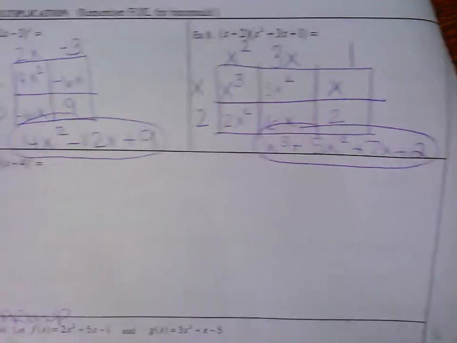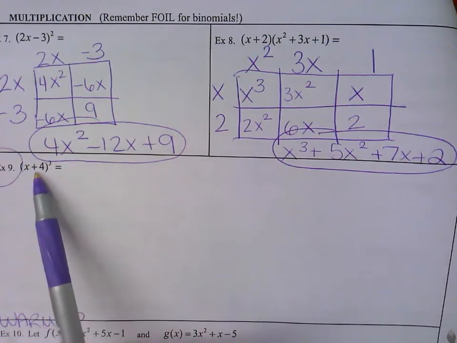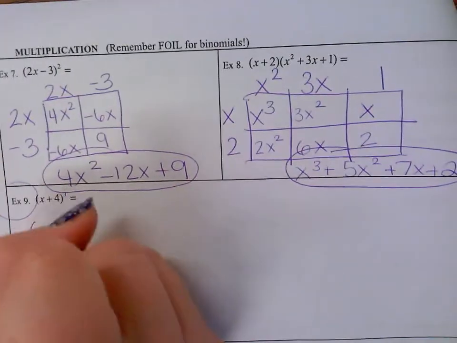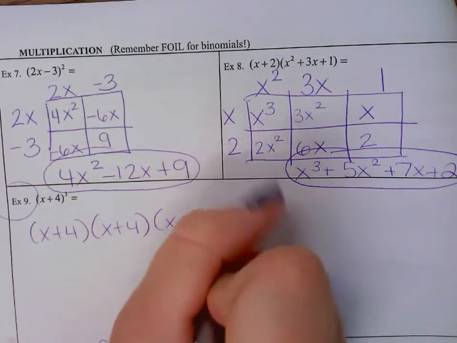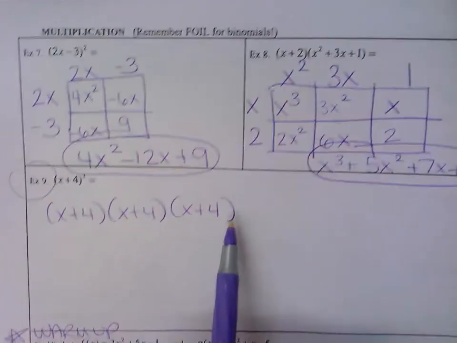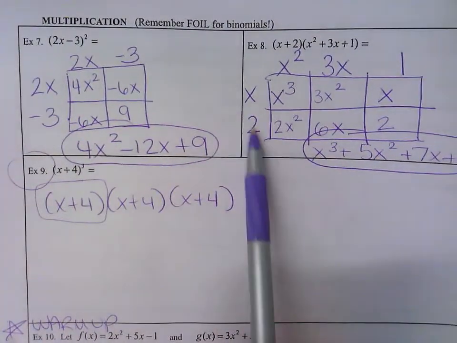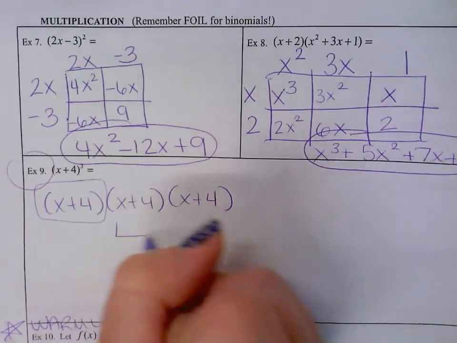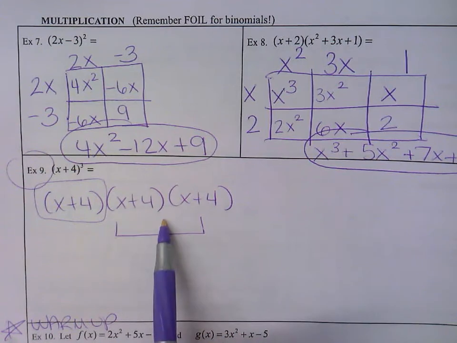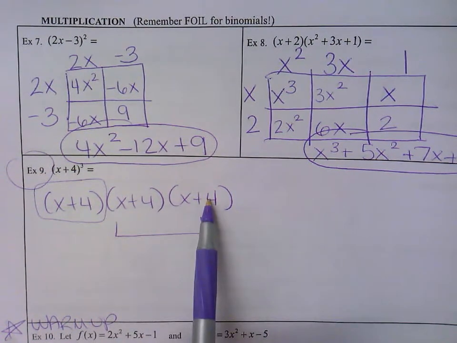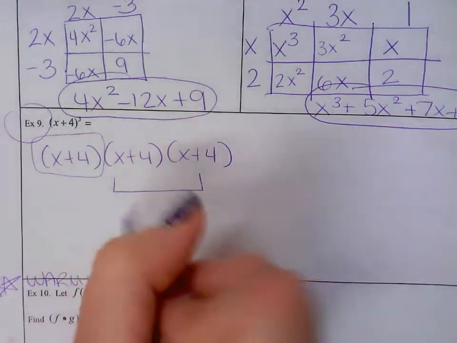So why is x plus 4 cubed different? It's basically going to be the same type of problem as example 8, but we need to work out one of the x plus 4 binomials first. So see how there's 3 of them? So what we could do is we can leave this guy by itself because that's going to be the side of our box, but we need to first multiply out these x plus 4 to make them a trinomial. So the trinomial, to save you that step, x times x would be x squared.